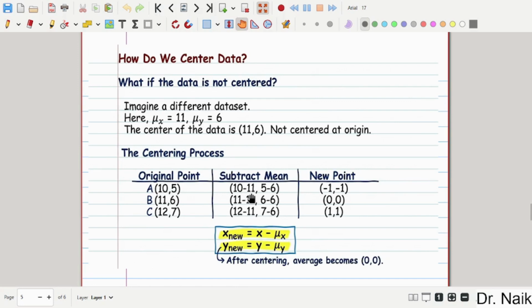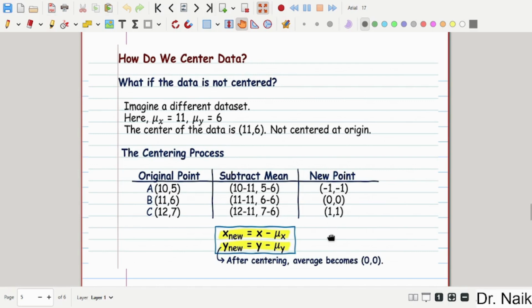So for A, 10 minus 11, 5 minus 6, this will give minus 1 comma minus 1. For B, 11 minus 11, 6 minus 6, so this will give new point at 0 0. For C, 12 minus 11, 7 minus 6, this will give 1 comma 1.